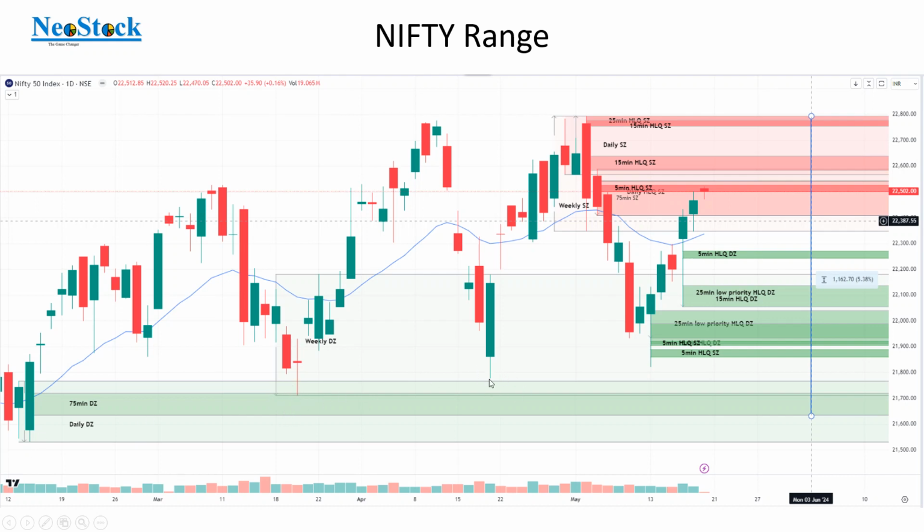See, this low is higher than this low. Higher low. So every time it is giving higher lows, continuously. This is the first, second, third. In the last 3 attempts, it has given higher lows.